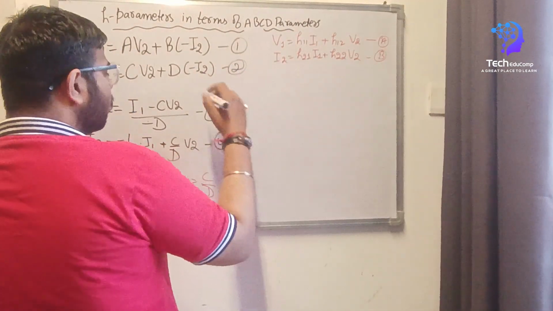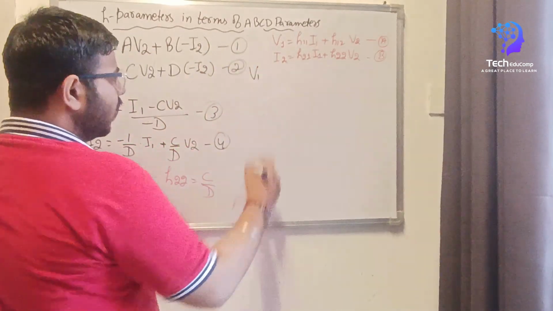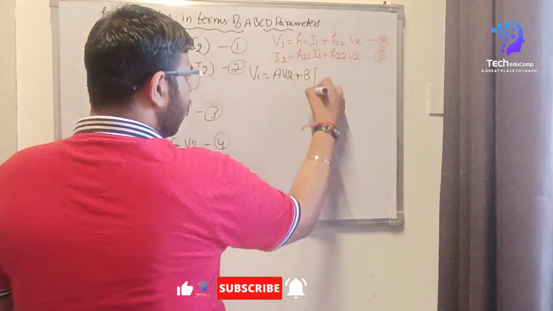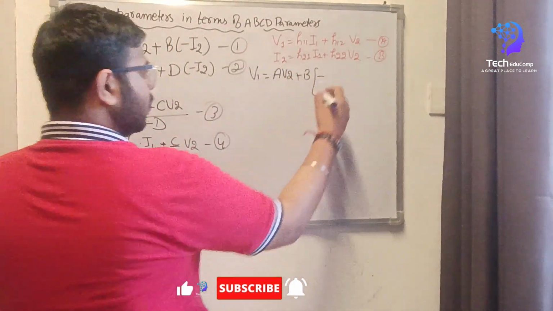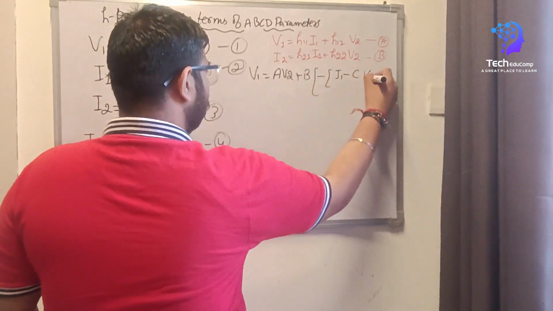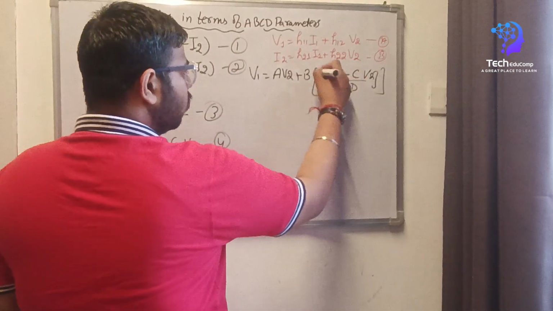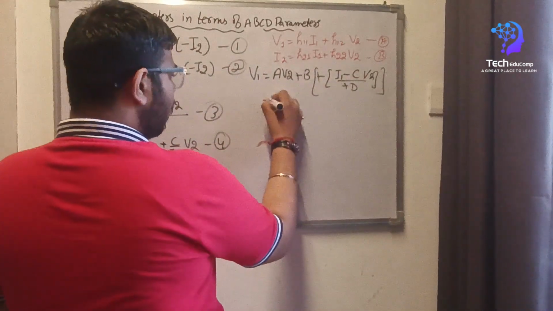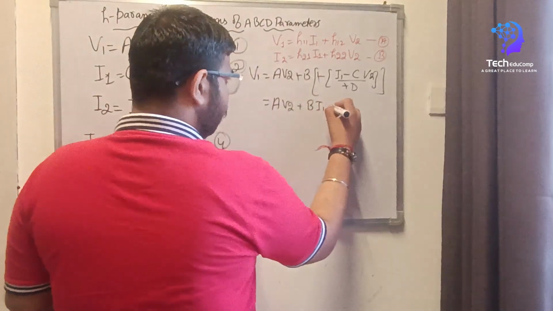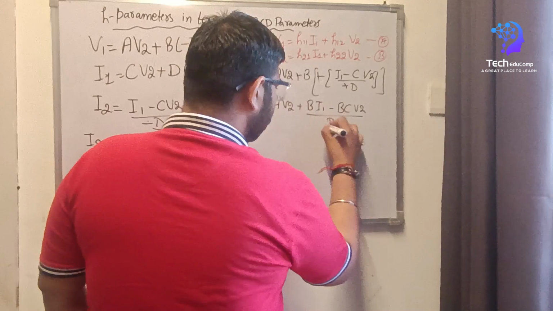When I put equation number 3 in equation number 1, I get V1 is equal to AV2 plus B minus of I1 minus CV2 upon minus D. Okay, so minus minus cancelled, and I will get AV2 plus BI1 minus BCV2 upon D.